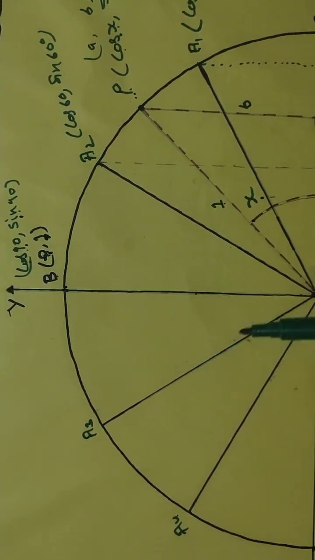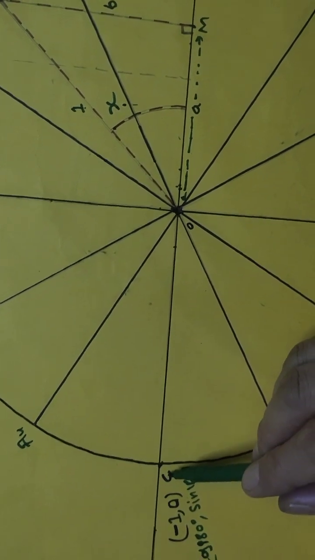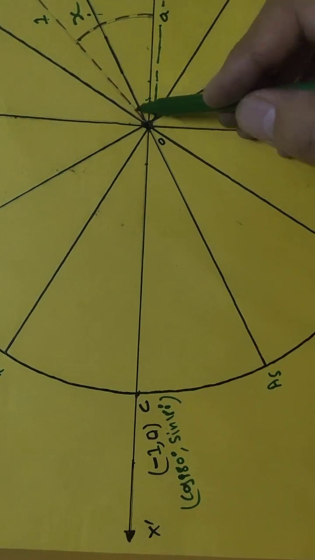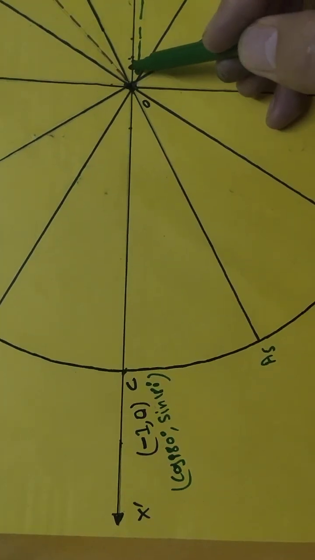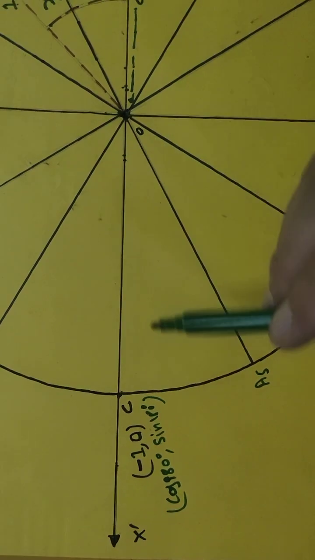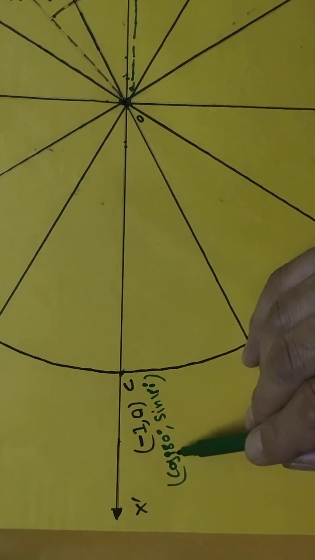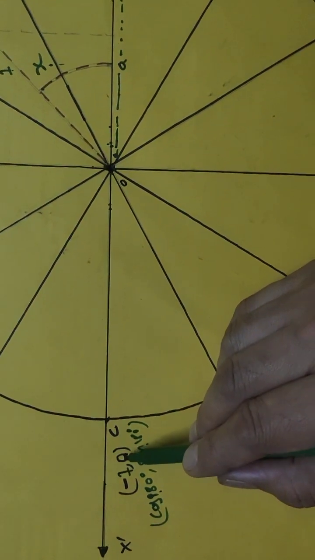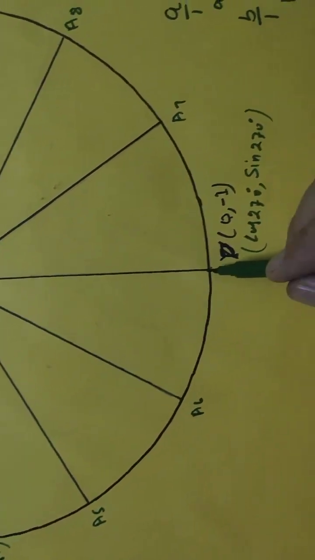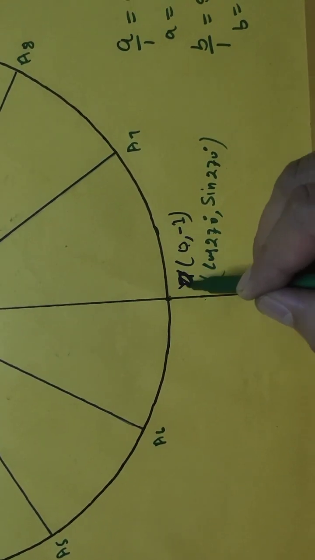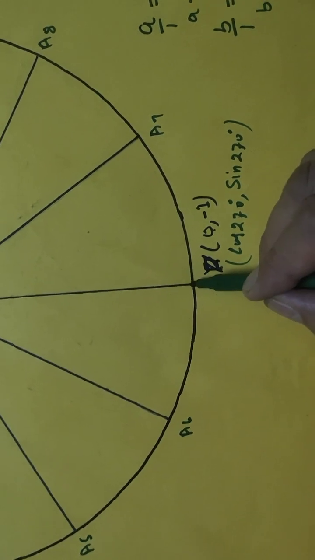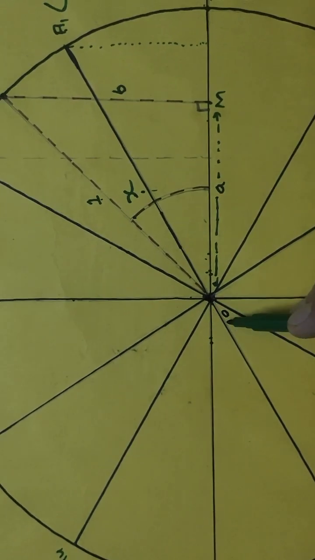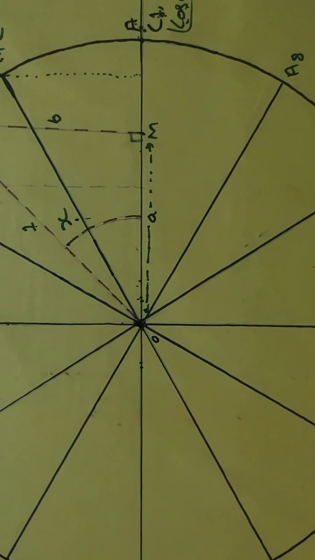In the same way, if you see point C, OC makes angle with positive direction of x-axis of 180 degree. So cos 180 is minus 1 and sin 180 is 0. In the same way, if you take point D, then D described angle with positive direction of x-axis, 90, then 180, then again 90, meaning 270 degree.